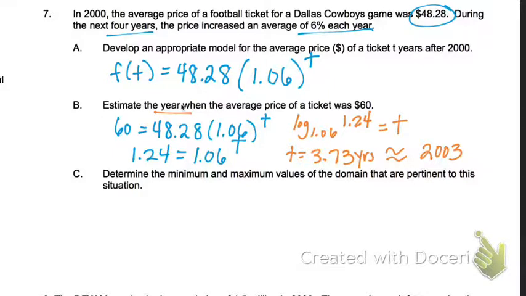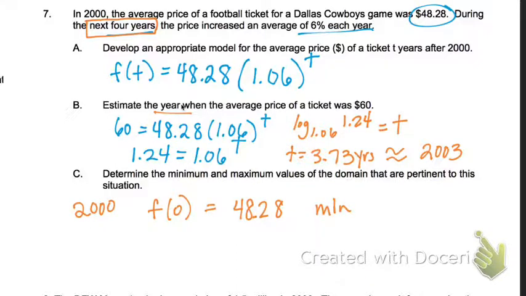C, determine the minimum and maximum values of the domain that are pertinent to this situation. So it's saying that this only occurred for the next 4 years. So it occurred in 2000. So whenever it's the year 2000, then my price was $48.28. So that's my minimum.